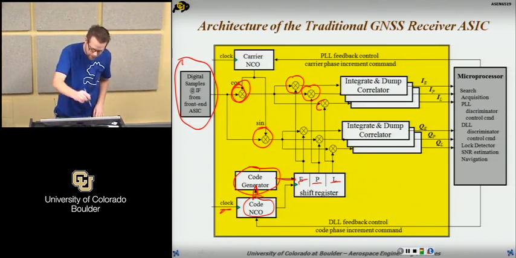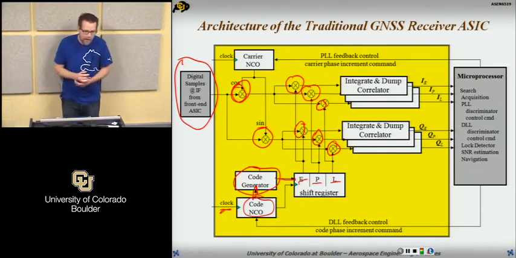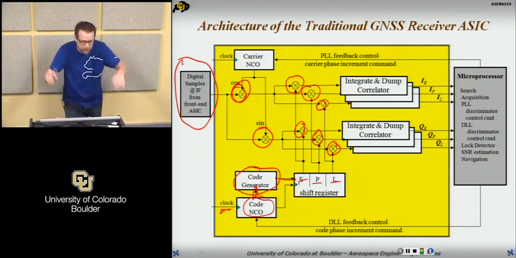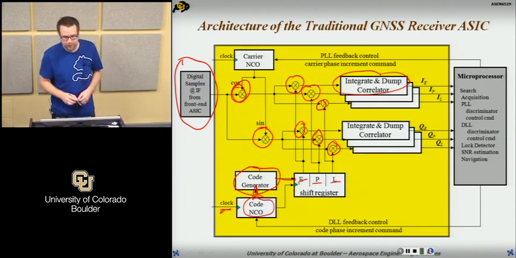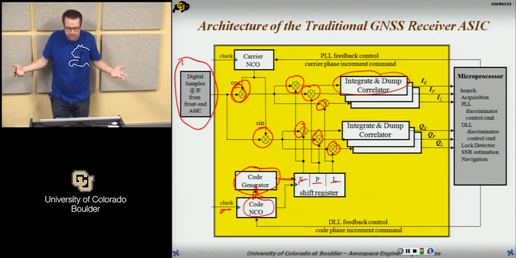We multiply the outputs here, both the cosine and the sine. We also call them I and Q, in-phase and quadrature, but it basically means the same thing. We multiply those with the code. We have an integrate and dump, which basically means exactly what it is.